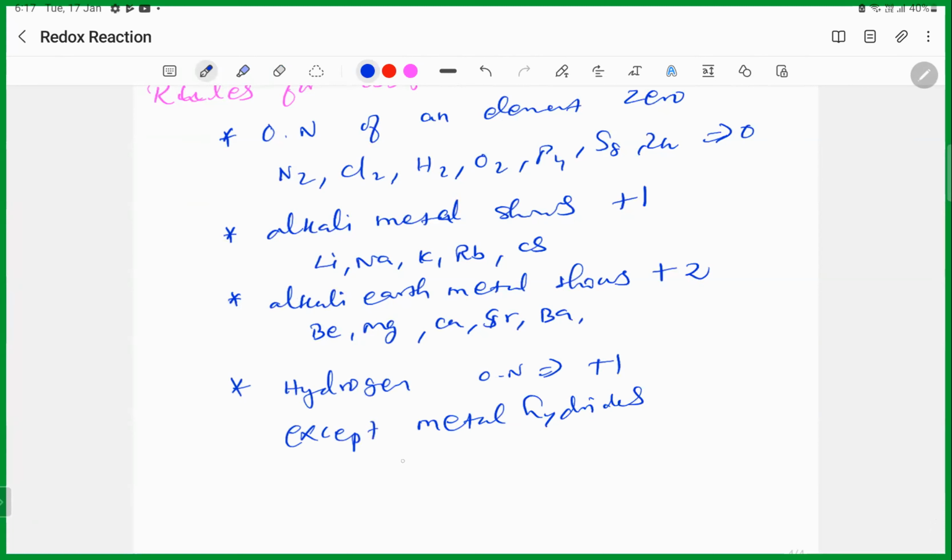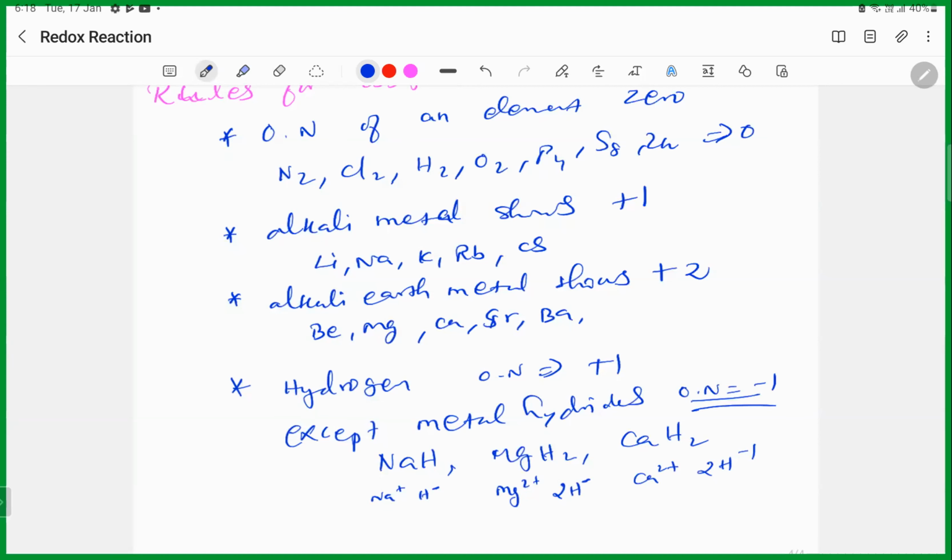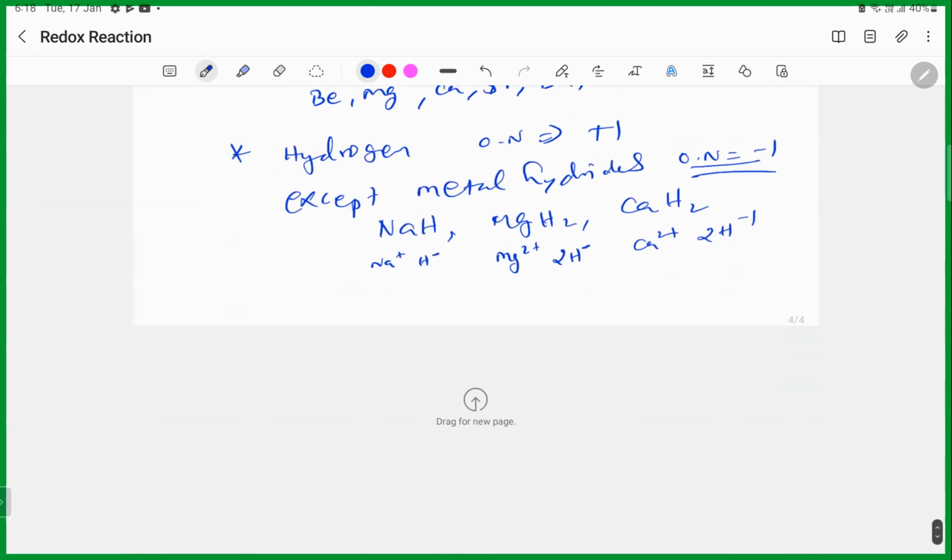For example, sodium hydride, magnesium hydride and calcium hydride. Because the metal is electropositive, it becomes Na plus H minus, Mg2 plus and 2H minus, Ca2 plus and 2H minus. Here the oxidation number is -1. Wherever it differs, that we have to mention.